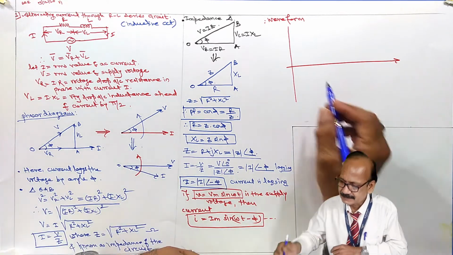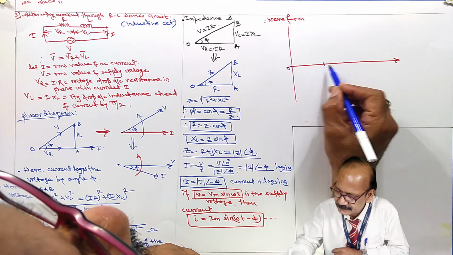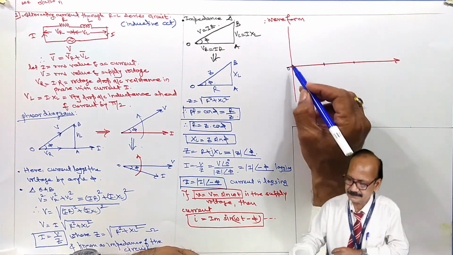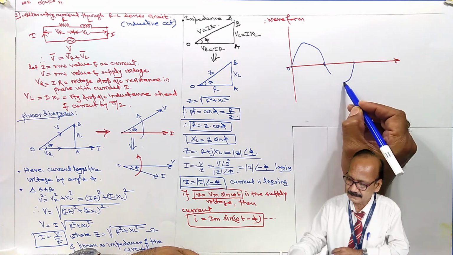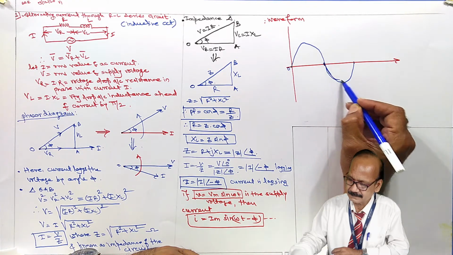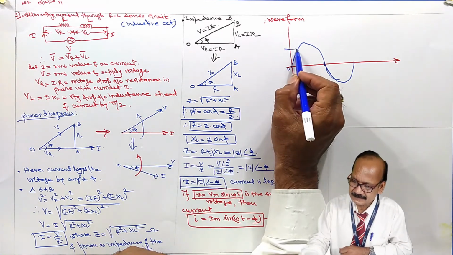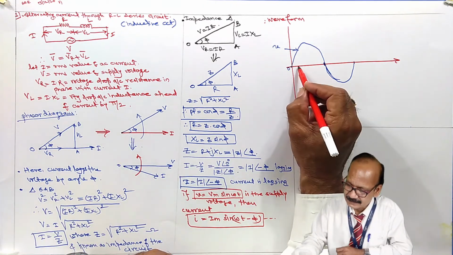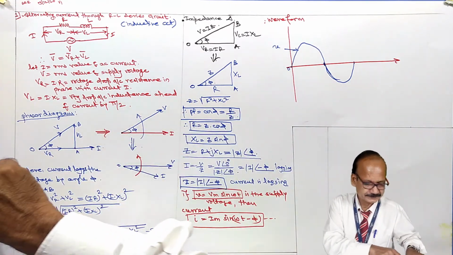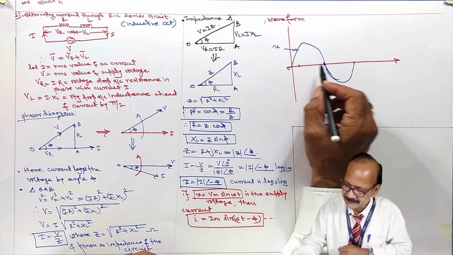Therefore, see, this is 0. This is the voltage expression. This is phi. Now the current expression will start somewhat here, right of the origin by this much deflection.